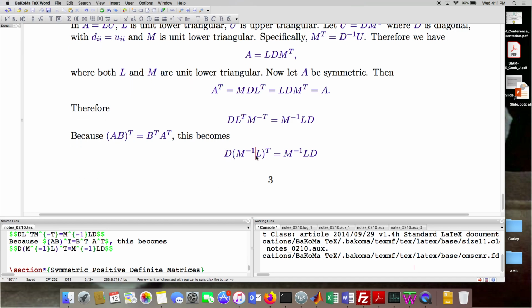So now I have M inverse L transpose over here, and then just plain M inverse L over here.